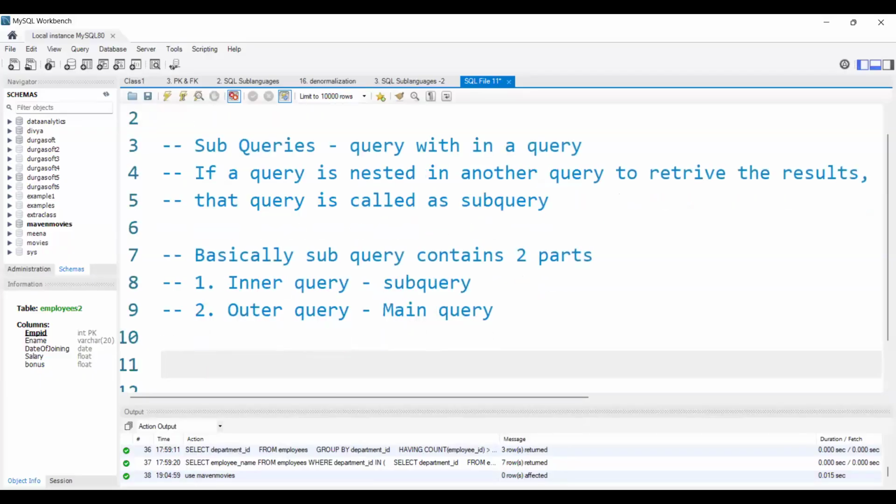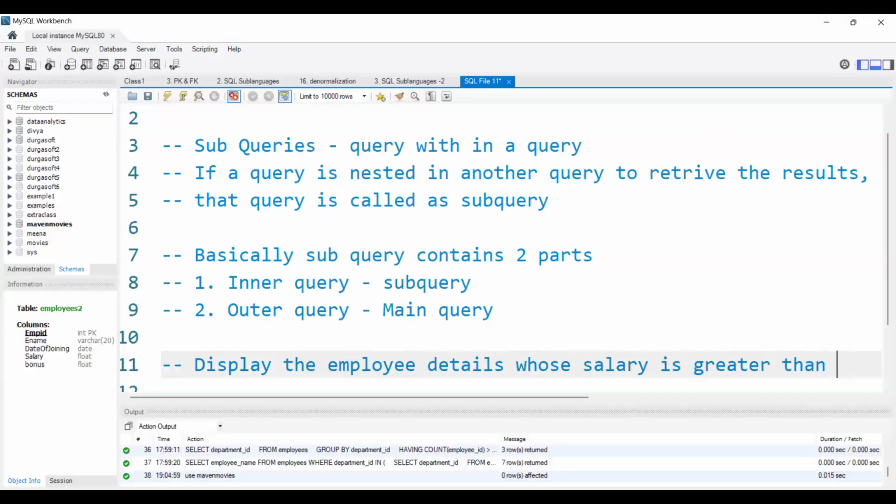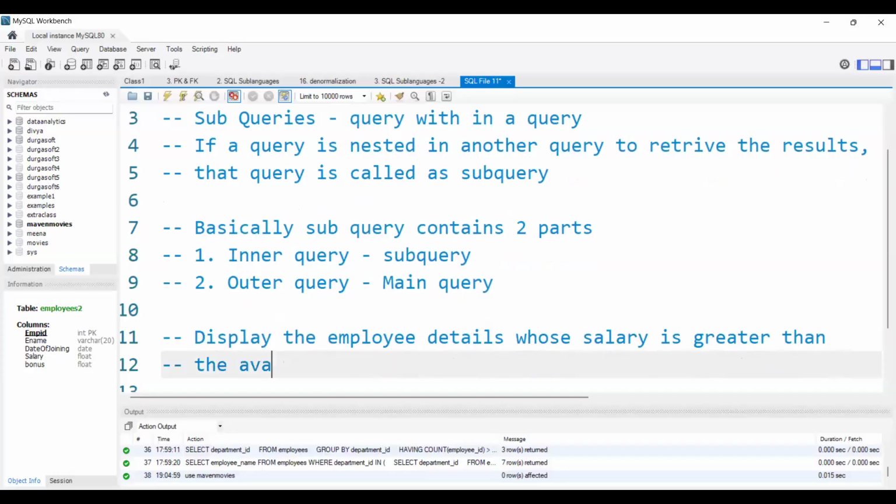Okay, now let's see an example. If I want to fetch the employee details, display the employee details whose salary is greater than the average salary.